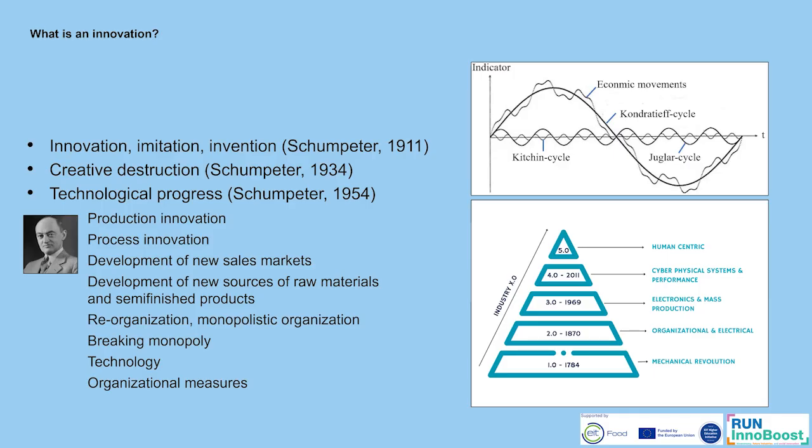Here he differentiates between basic innovations that happen every 50 to 60 years, and they are closely related to innovation that not only turns the business and the industry to another stage, but also the society, the economics, the environment, the technology, and so on. That is this basic innovation. So here Schumpeter is referring to the Kondratiev cycles.